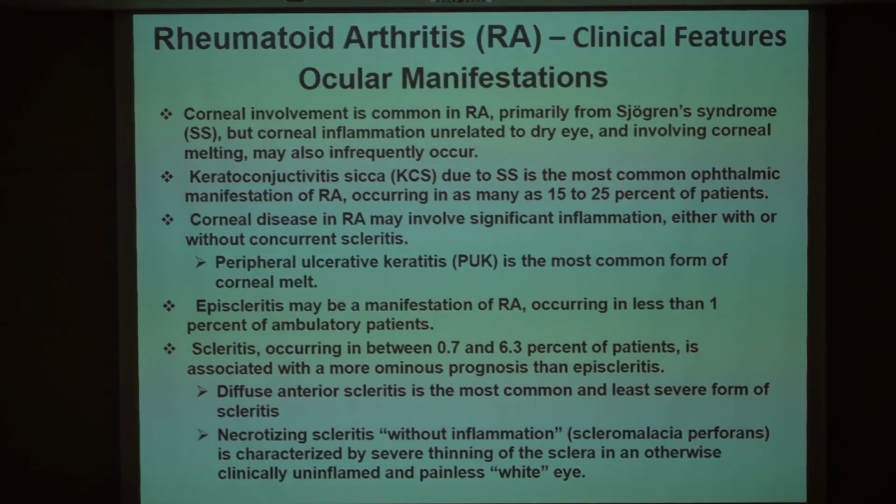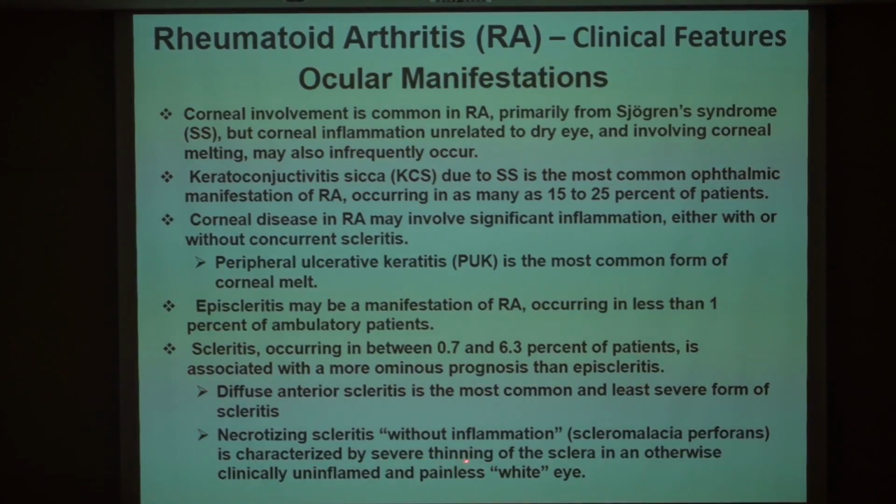Then we talk about episcleritis and scleritis, that can form in rheumatoid arthritis. And I want to bring your attention to the necrotizing scleritis. This is a destructive scleritis, which doesn't have inflammation. The patient will not have pain. It's also called scleromalacia perforans.